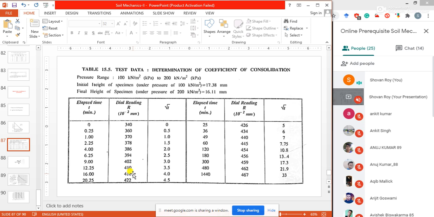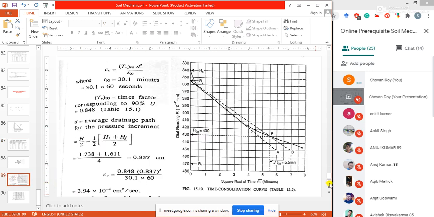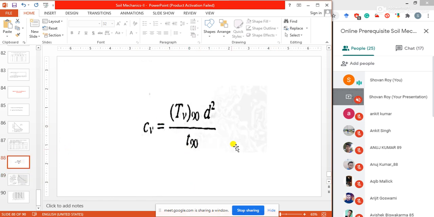So when I have the laboratory values, I can draw this graph, and after drawing it, when the U90 value is available with me, I can calculate the coefficient of consolidation, the Cv value. Cv equals Tv90 into d square by T90.